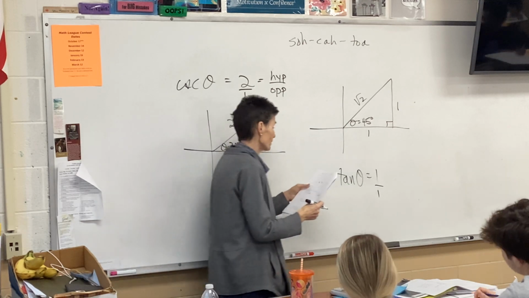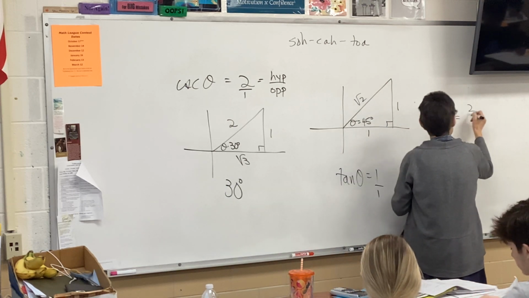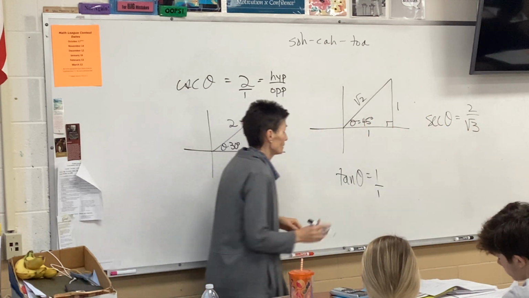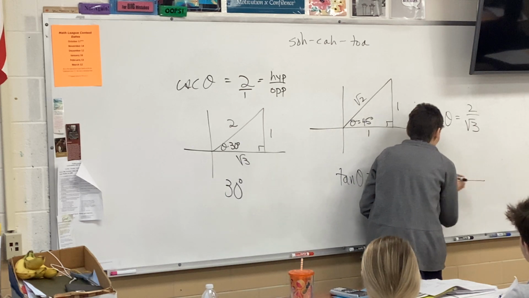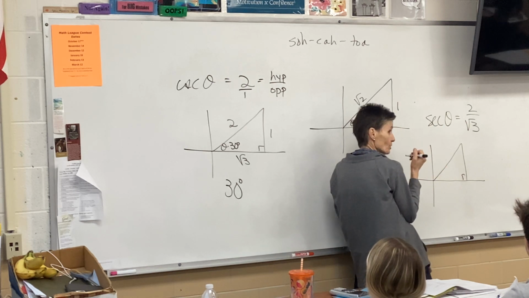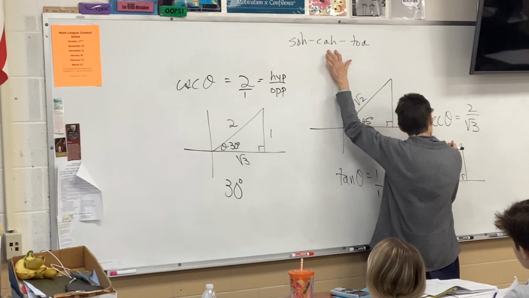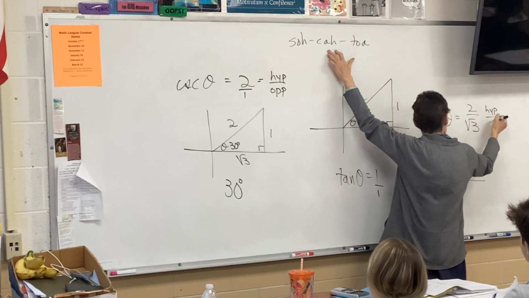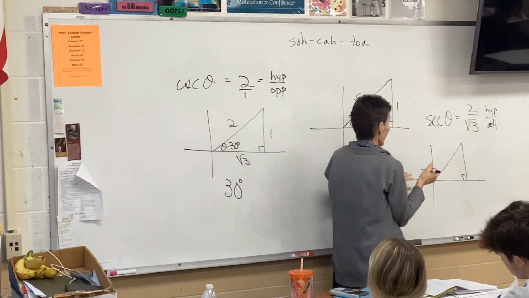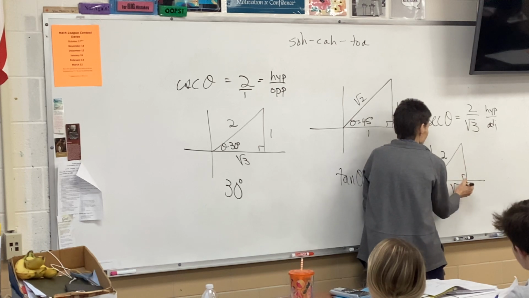All right, 2 more, we're done for the day. Secant is 2 over root 3. Okay, now stop and think. What is secant? Reciprocal of cosine. So cosine is adjacent over hypotenuse. So this is hypotenuse over adjacent. So hypotenuse is 2 and adjacent is root 3.